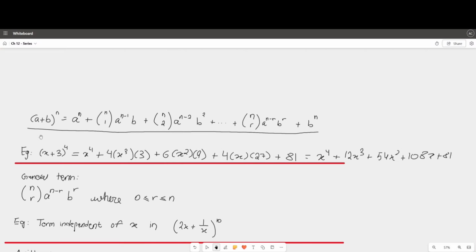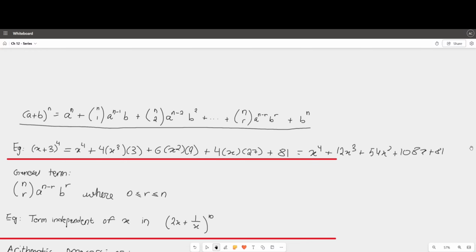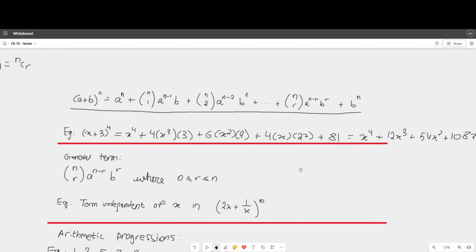So a to the power n is just x to the power 4, then nC1 is 4C1 x to the power 4 minus 1, x cubed, and then 3 to the power 1, so 4 into 3, 12, and then you keep applying the formula and you end up with the expansion, until you get b to the power n, which is 3 to the power 4.